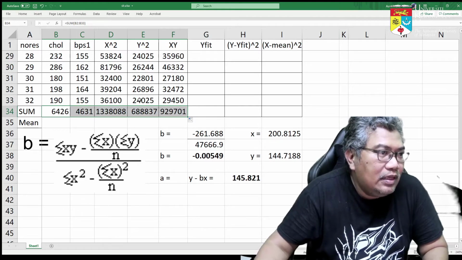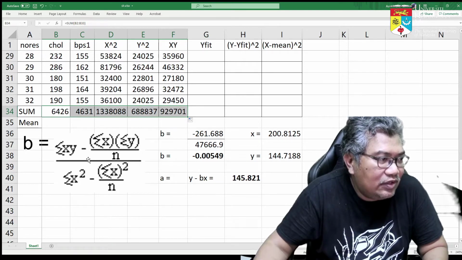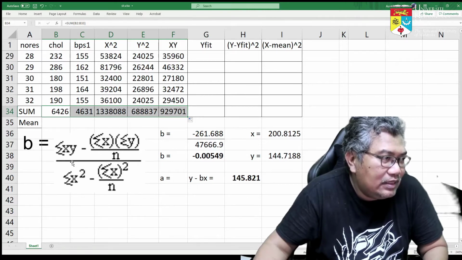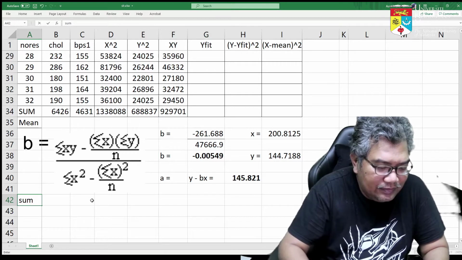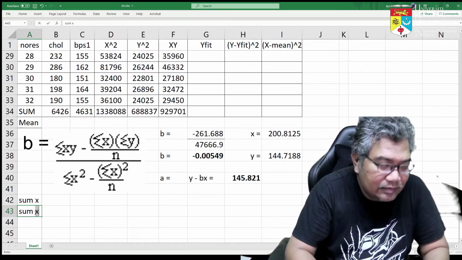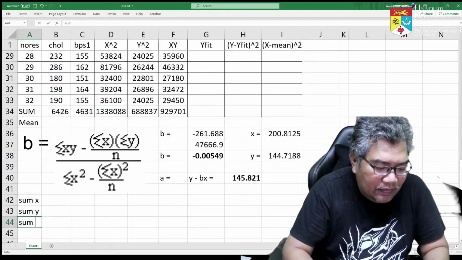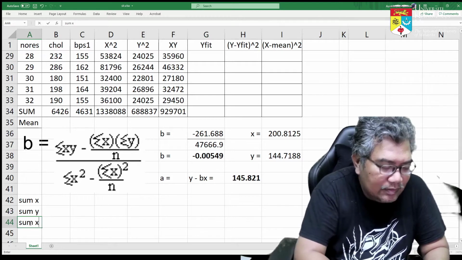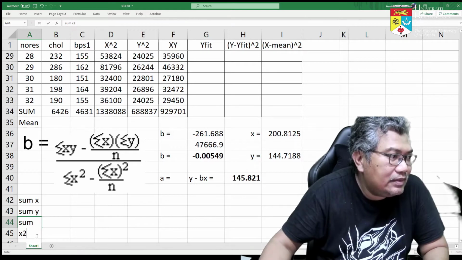For us to get the value of the regression coefficient, we need the sum of x, the sum of y. I'm just going to put it down here: the sum of x, the sum of y, the sum of x squared. We need to expand this space a bit.